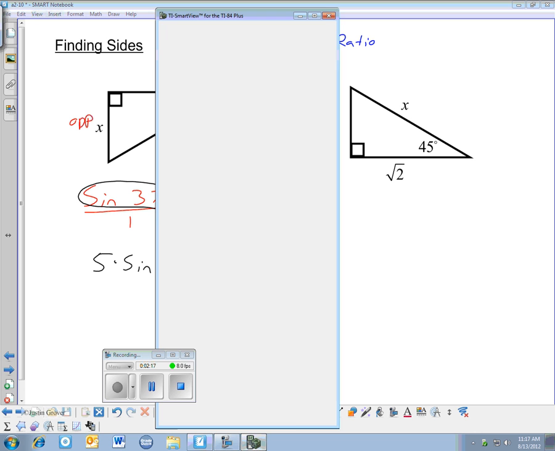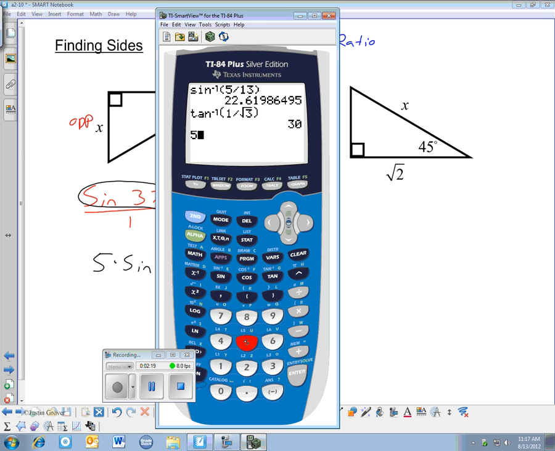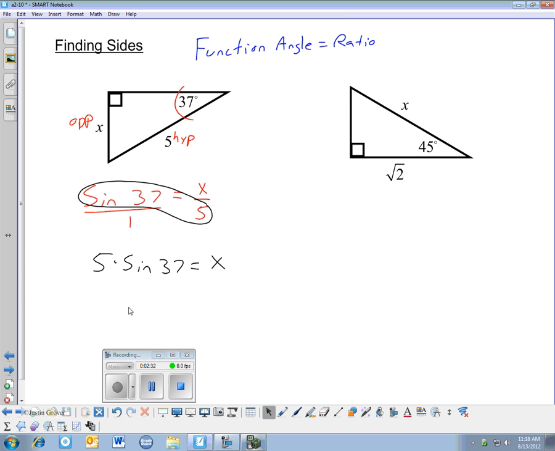My calculator can do that for me, so I just type 5 times sine 37, close the parentheses, enter, and round to whatever we need to round to. This time we're going to round to the nearest whole number, so it's 3. So the length of side x is 3 units.